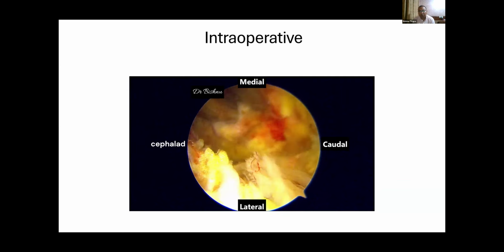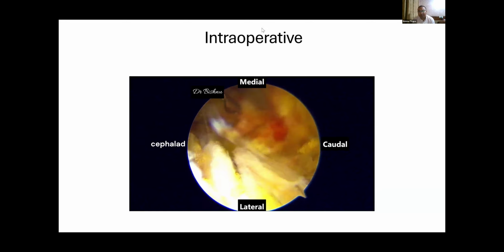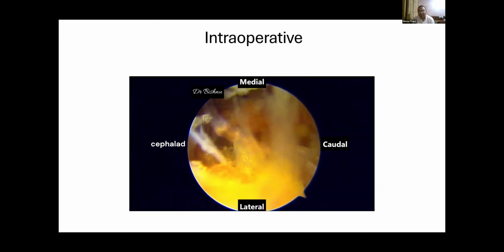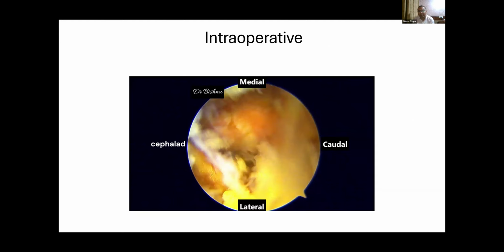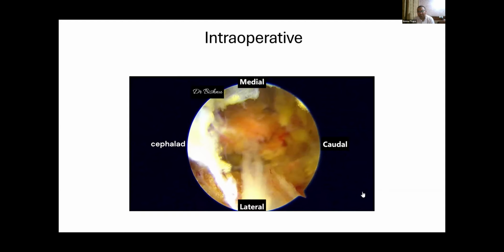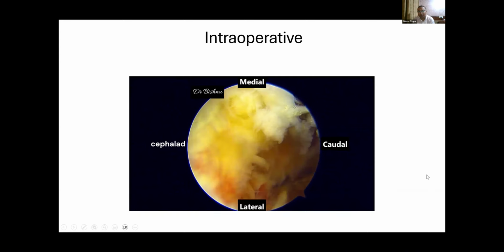Once we remove the large fragment with adequate decompression, some amount of bleeding will occur. Unless some bleeding occurs, that means some fragment still remains. So I'm trying to remove this large fragment. Yeah, it's coming out gradually.